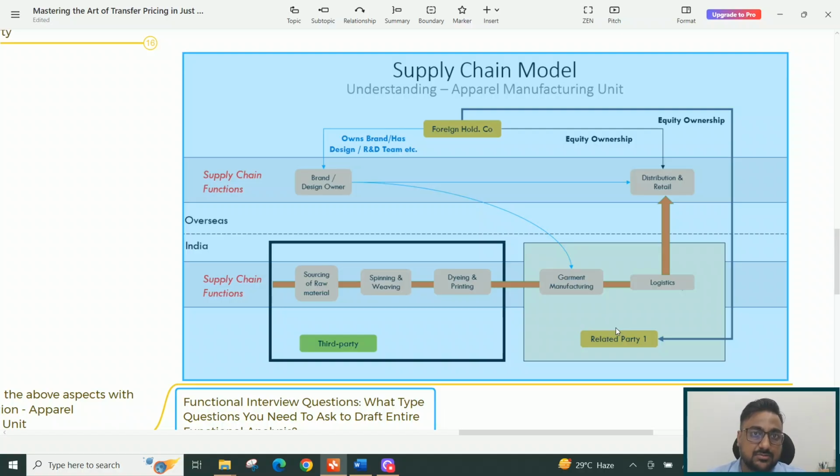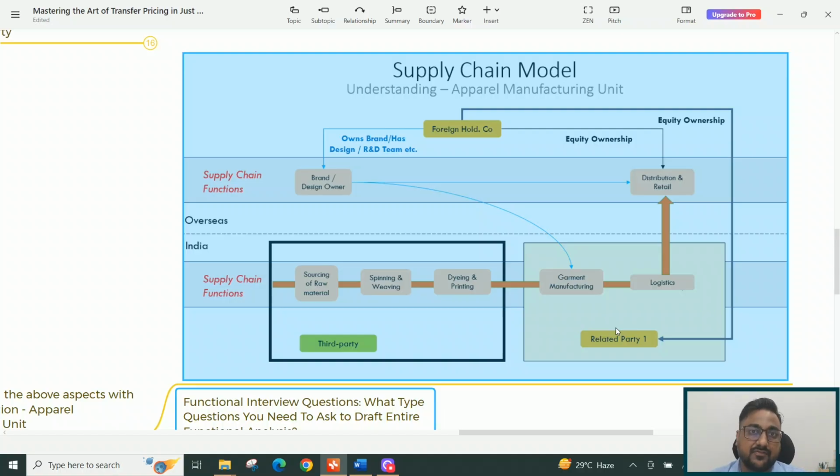If that level is much more, they are much more involved at each and every process, and the Indian entity has to go to the foreign entity, get approvals, and act as per their instructions, then obviously the foreign company needs to get more remuneration, because the major role is being played by the foreign entity and not the Indian counterpart, right?